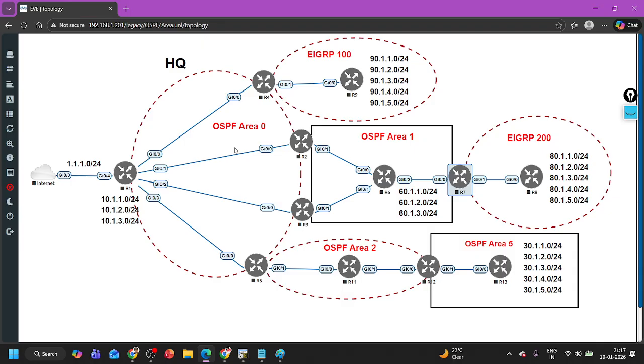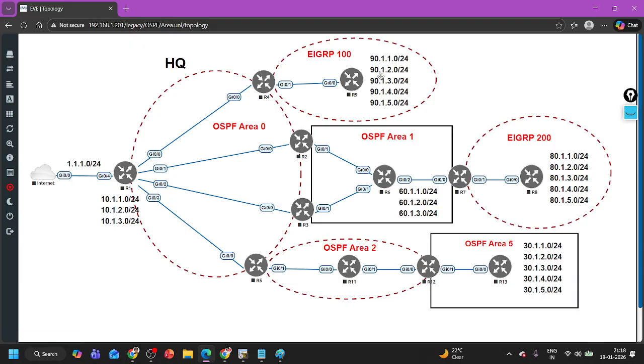Here what will happen again? Router number 2 and 3, your ABR routers, will start sending default route, but you have to run one command for that. And what about these prefixes? For these prefixes also I can advertise default route here, right? Because router 2 and router 3 are ABR routers.